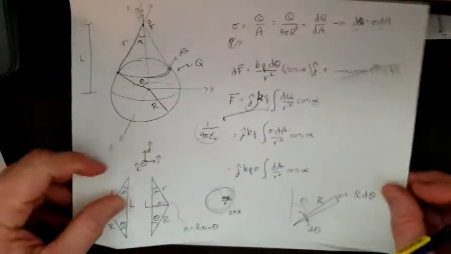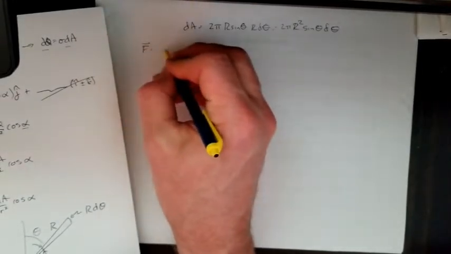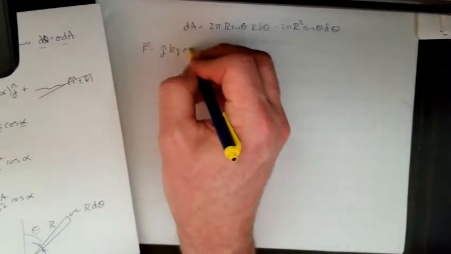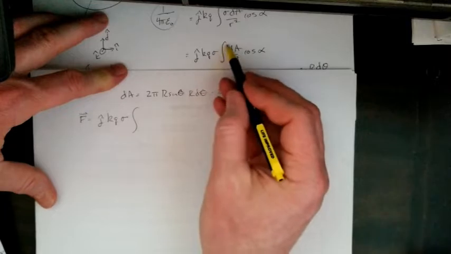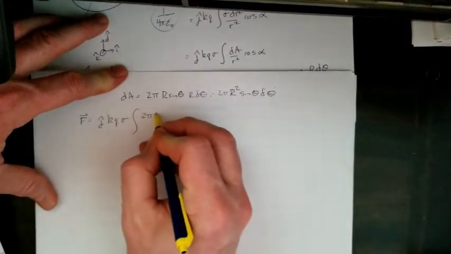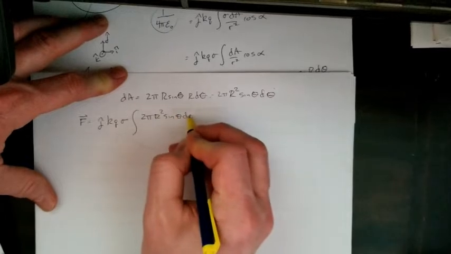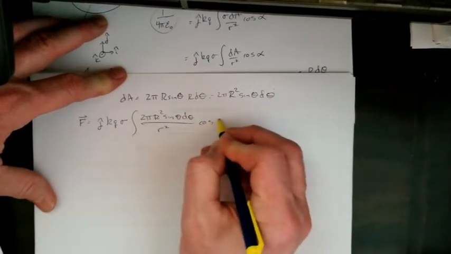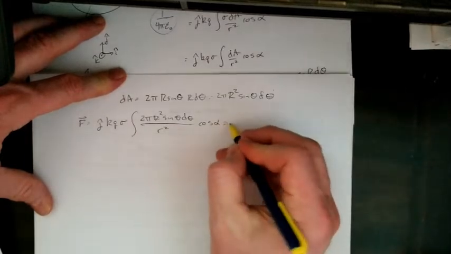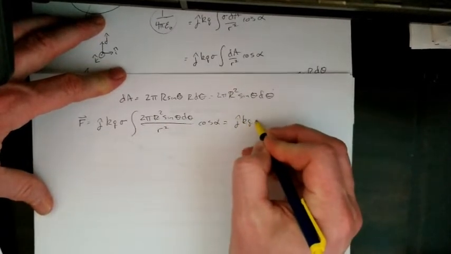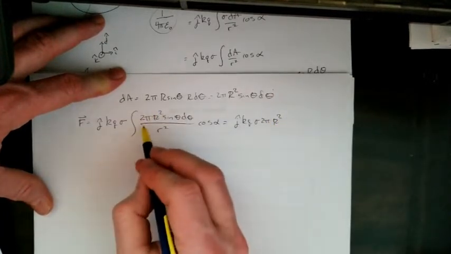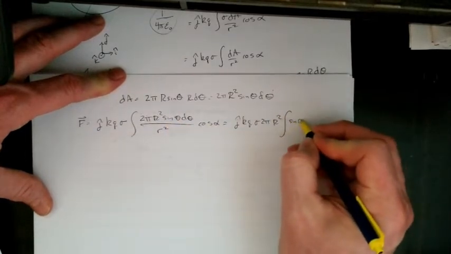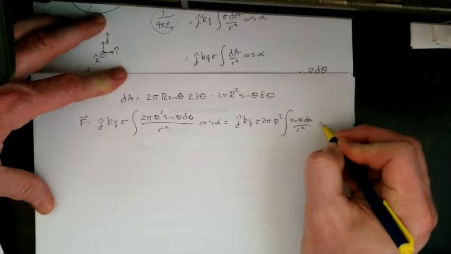And so now, plugging into this equation right here for my dA, I now have my force in the j hat direction, kq sigma times the integral of 2 pi big R squared sine theta d theta over little r squared cosine alpha. Pull the constants out, and so I have j hat kq sigma 2 pi big R squared times the integral of sine theta d theta over little r squared cosine alpha.